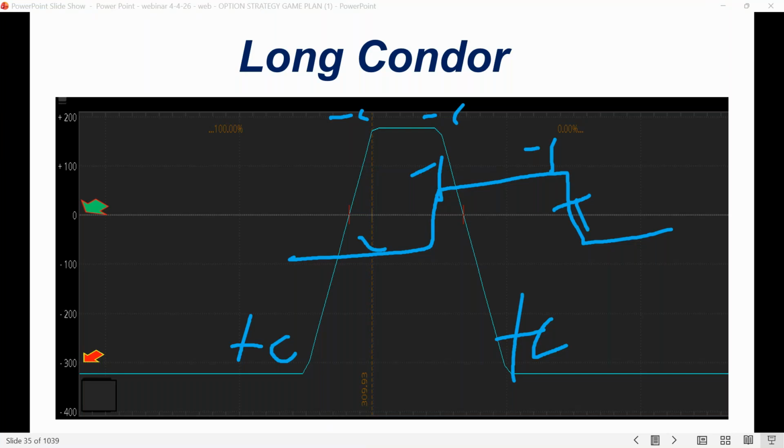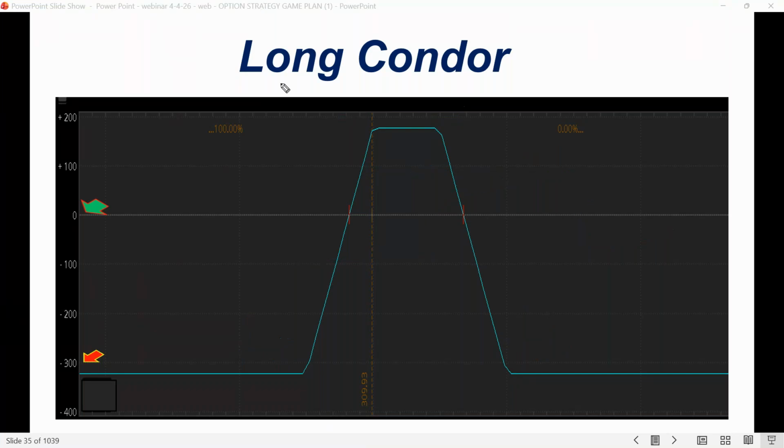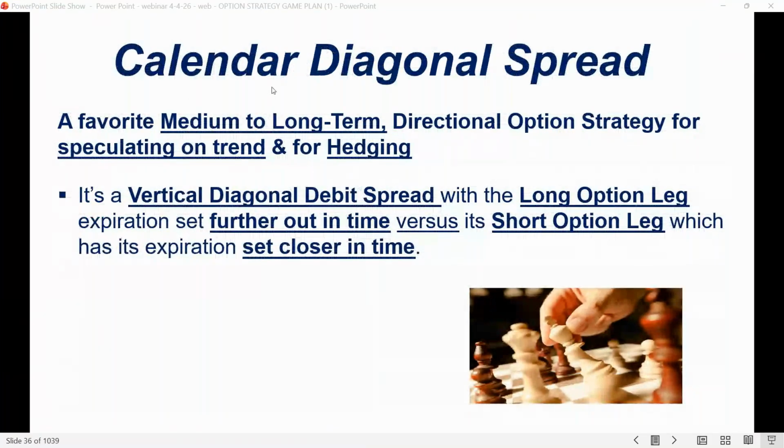That's a great strategy, and these are great for certain market conditions and certain chart patterns that I like to follow. All right, so that's the long condor. Now the next one in the trading portfolio that we use a whole lot of is the calendar diagonal spread.